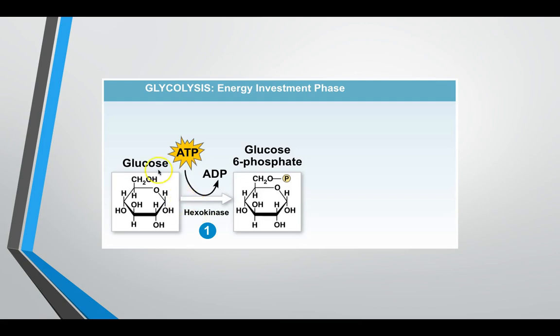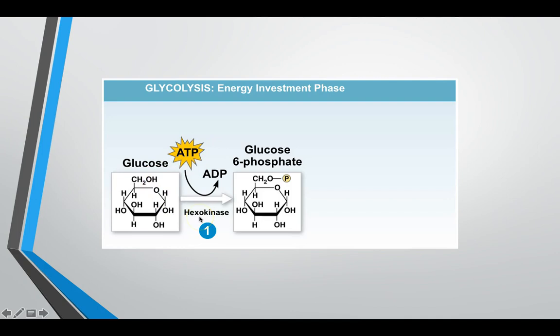In this case, I am going to be needing one of the phosphates found in ATP to phosphorylate the number 6 carbon in glucose. So the phosphate needs to move from ATP to glucose.